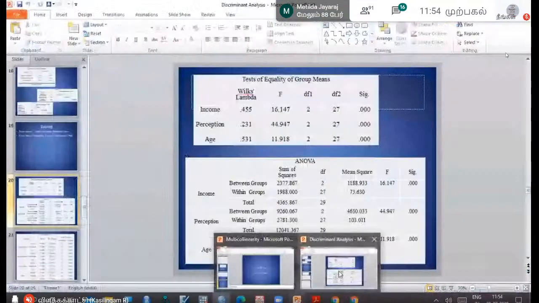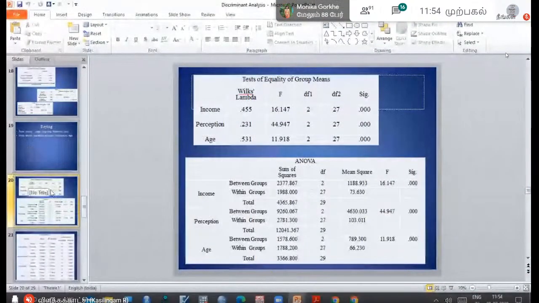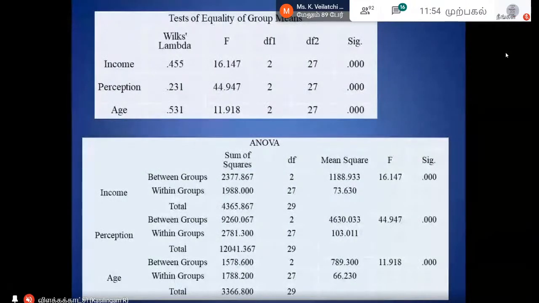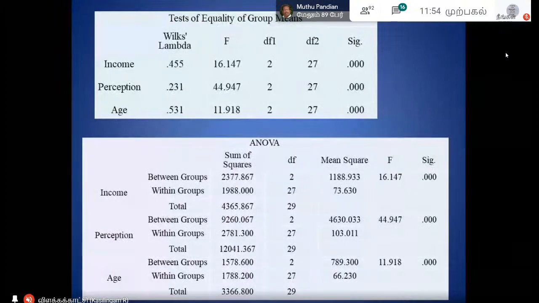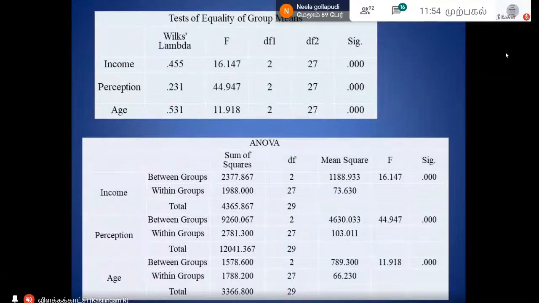So now we will try to understand the number two, the test of equality of means. This is nothing but, before performing the discriminant function, it is performing a simple ANOVA. This is for ANOVA; I am not putting ANOVA there. In the same discriminant function, the ANOVA is coming.